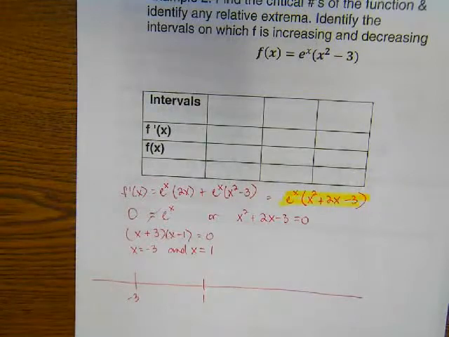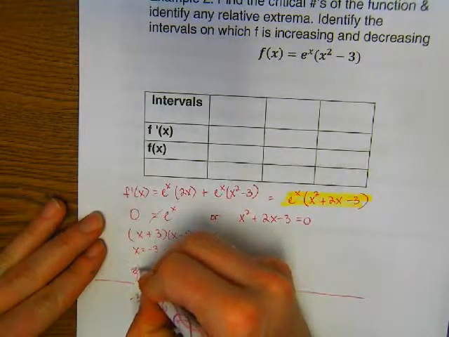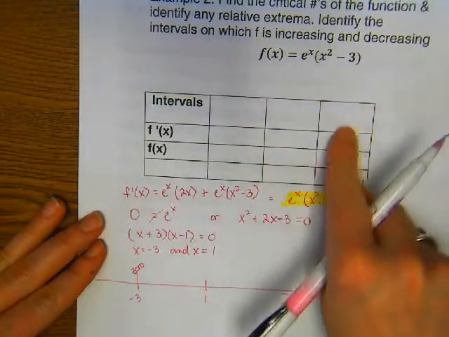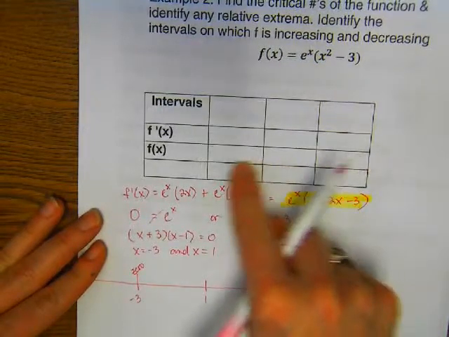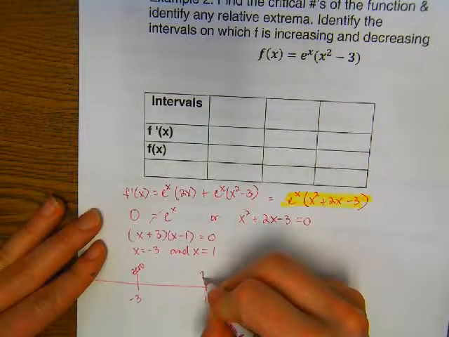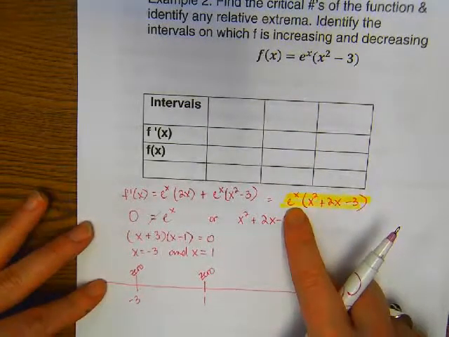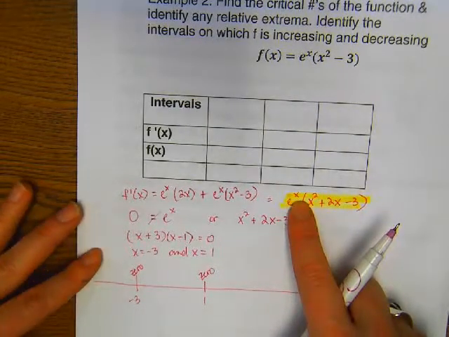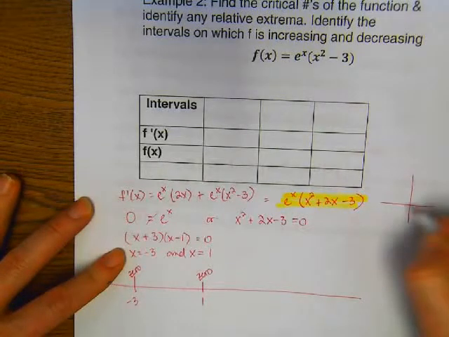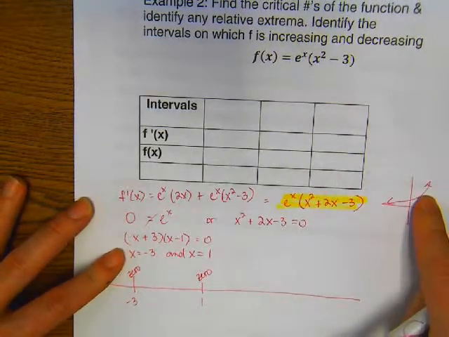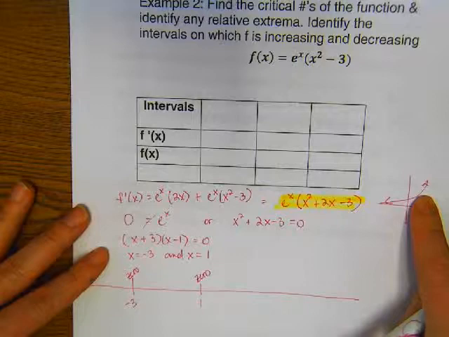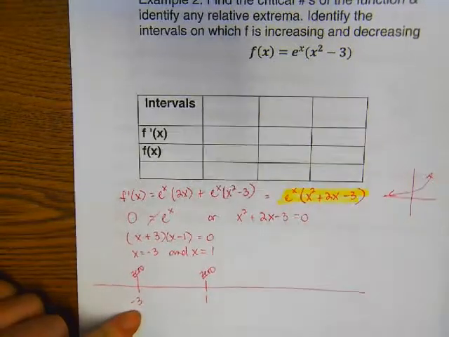By the way, a sign chart is not good enough justification. You need to simplify into a chart like that and tell me where the derivative is positive and negative. Okay, so when I'm putting in any value for x, think about e to the x, this function. E to the x is always a positive number, okay? So let's pick something to the left of negative 3.